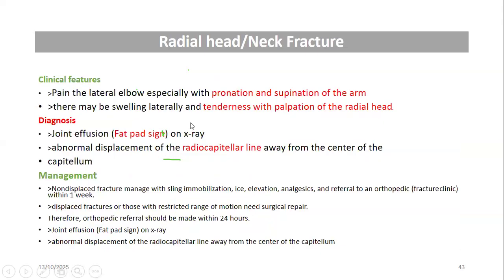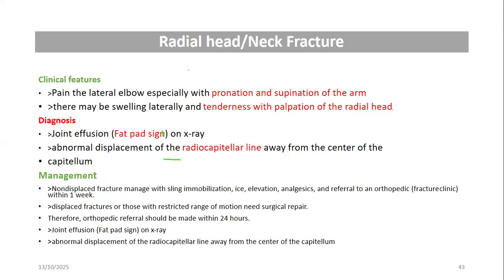Radial head and neck fractures are very important. It can happen when the patient is doing pronation and supination of the arm and will feel pain.